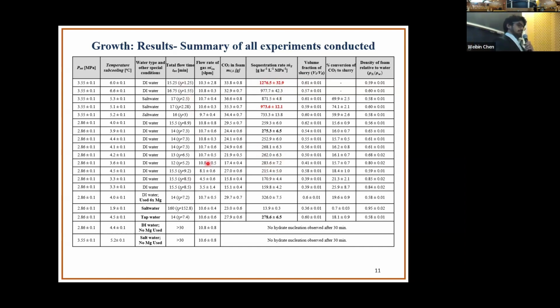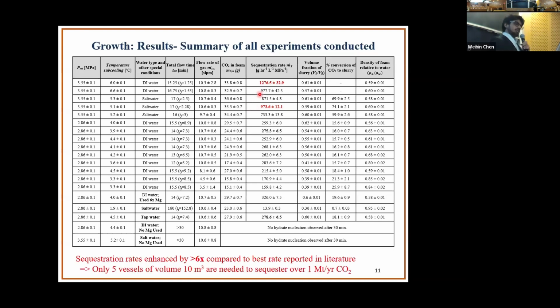Now, if you were to use salt water instead of clear water, which would be beneficial because then you can just extract it from the ocean, you get a 20% reduction in sequestration, which is not that bad for the purposes of not having desalination. And if you scale these numbers with volume, for let's say 5 vessels of 10 cubic meter reactors, you get about 1 million tons per year of sequestration, which is the size of an industrial ship.